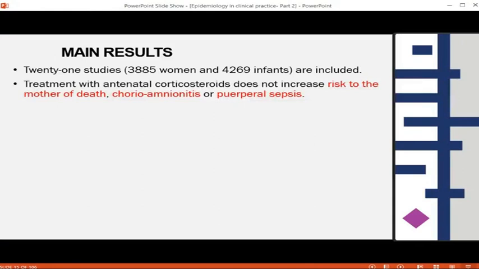chorioamnionitis, or puerperal sepsis. But the point is, most of these studies were done in high-income countries in hygienic circumstances. But people have shown that when you start upscaling this intervention to low-income countries, and the hygienic circumstances are not very good, there is an increased risk of neonatal sepsis.